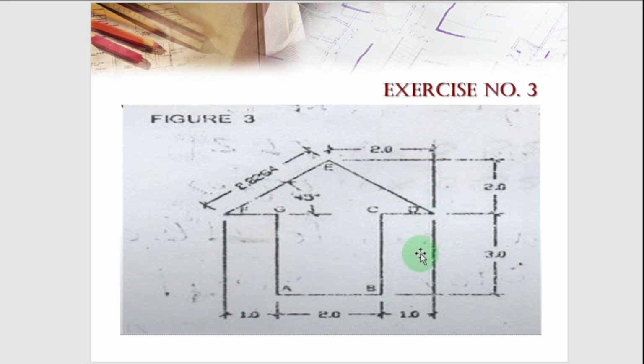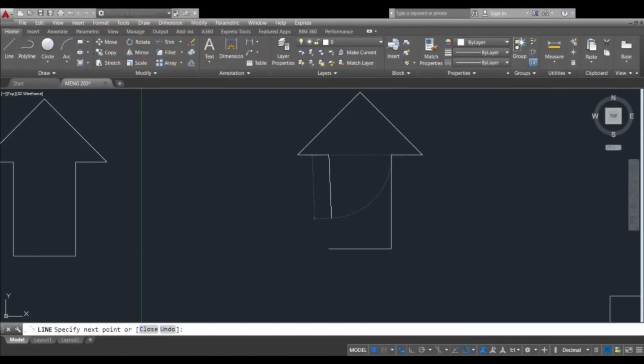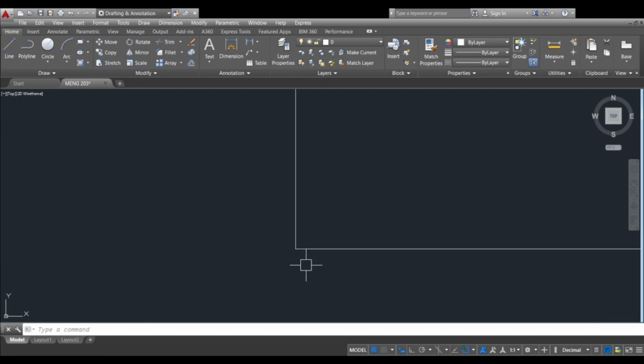And so our coordinate is at 3 angle 270. So let's see if the figure is closed.